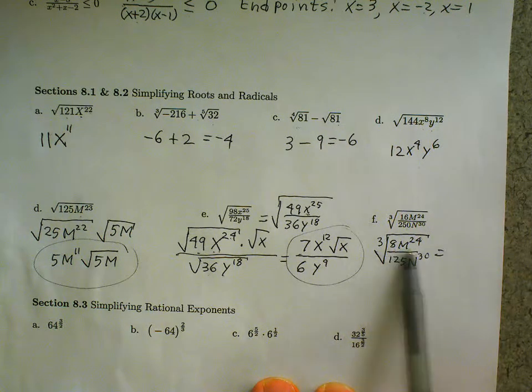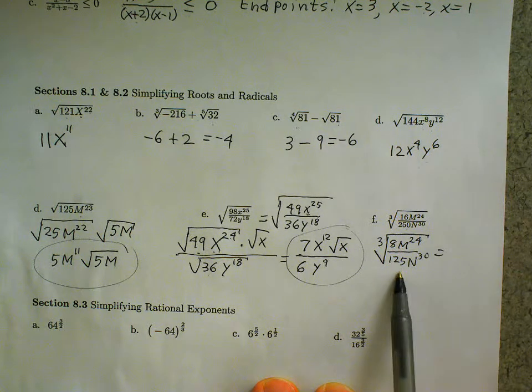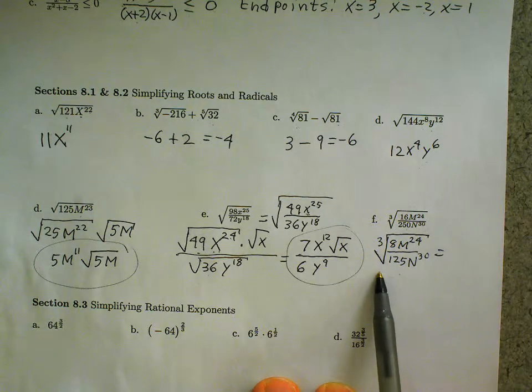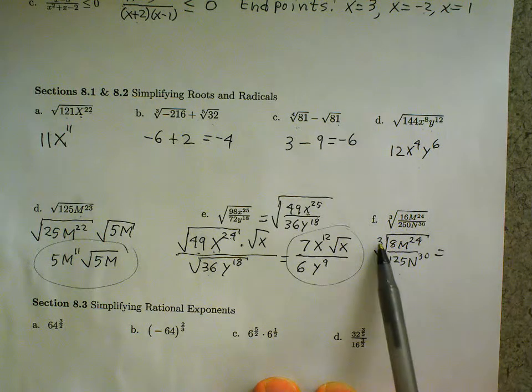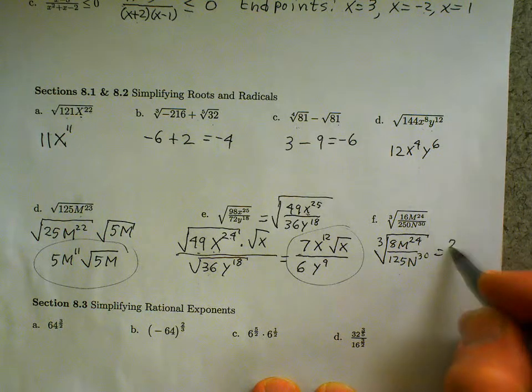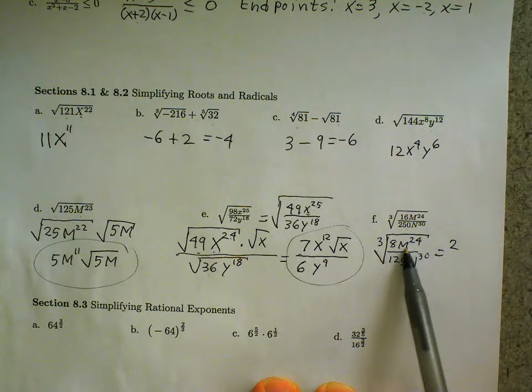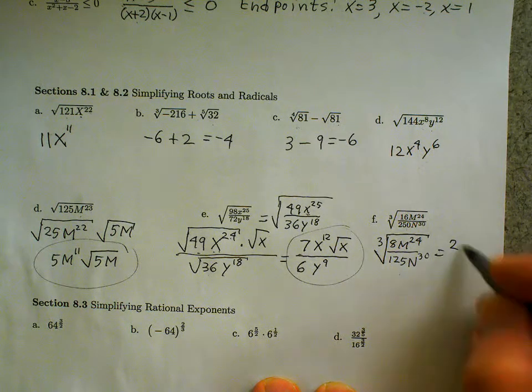Every one of the factors in both the numerator and denominator are perfect cubes. So we can simplify this directly. In the numerator, the cubed root of 8 is 2. And the cubed root of m to the 24th is m to the 24 divided by 3, or m to the 8th.